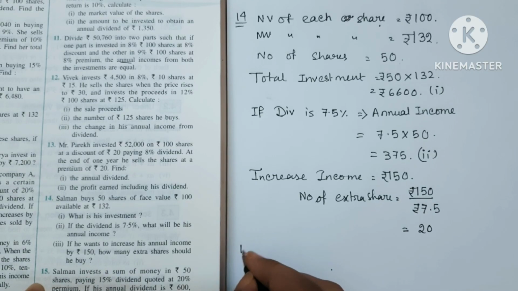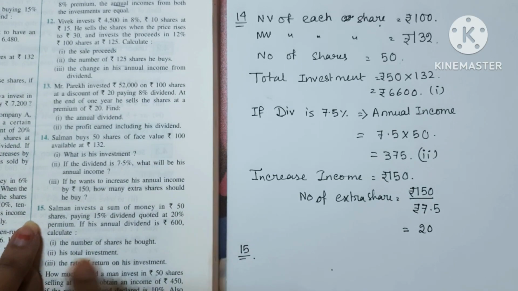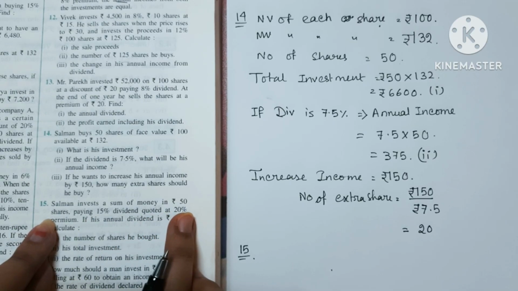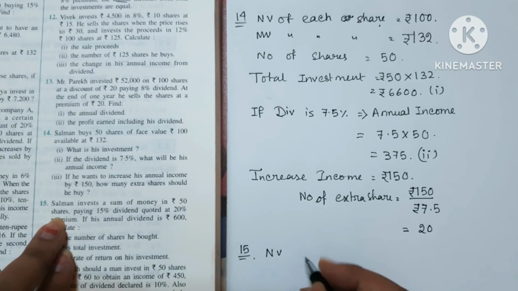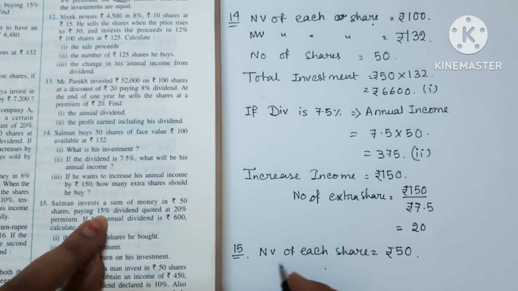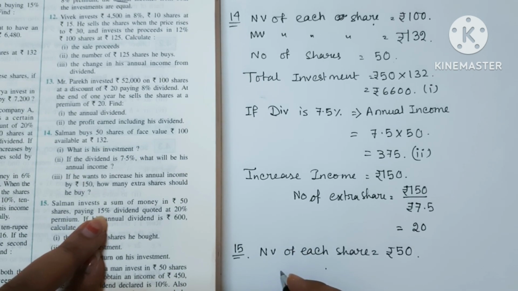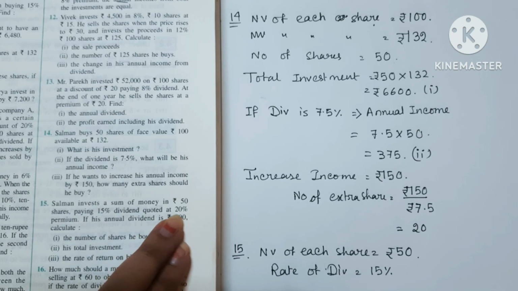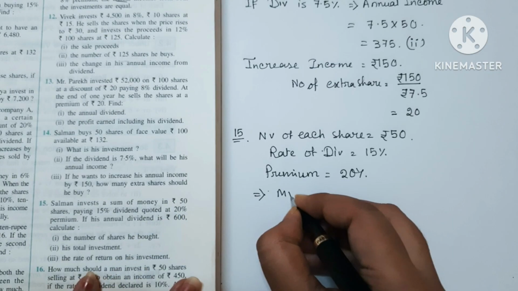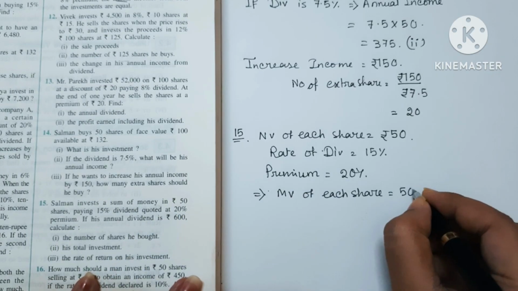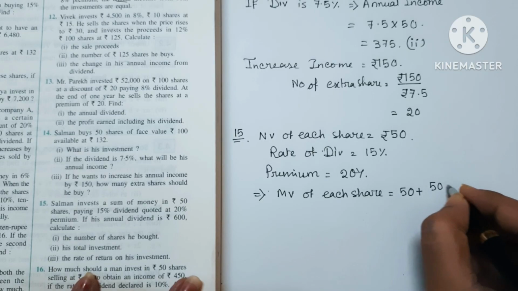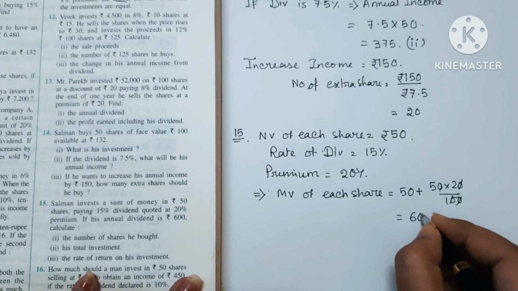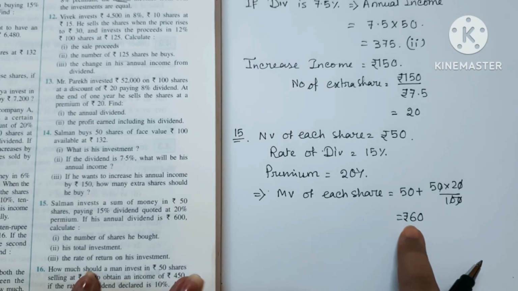Okay. Now question number 15, Salman invested a sum of money in rupees 50 shares. So nominal value of each share, 15% dividend, quoted at 20% premium. So market value of each share 50 plus 50 into 20 by 100, so it will be 60 rupees, that is the market value. Okay.